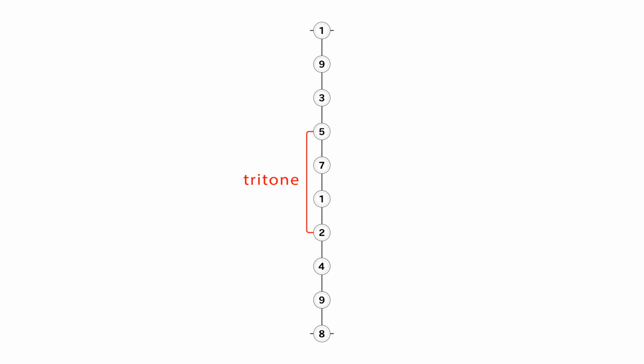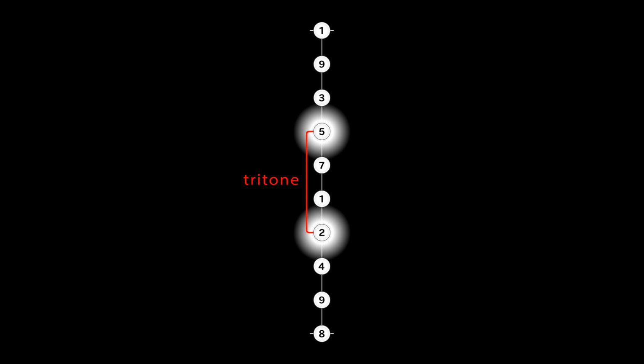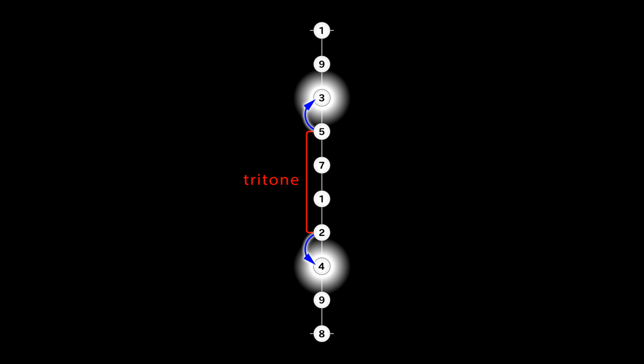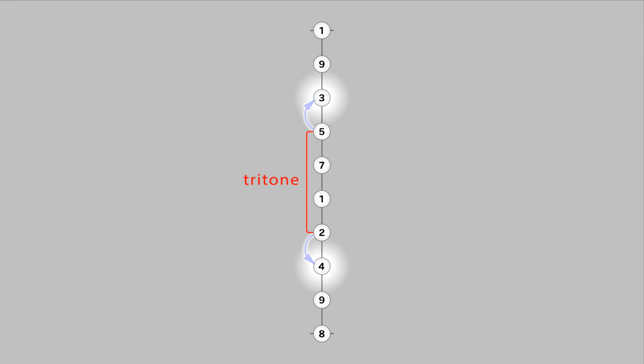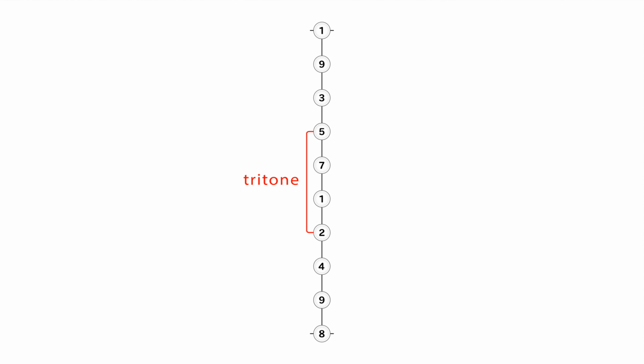In order to solve this problem, point 2 needs to move to point 4, and point 5 needs to move to point 3, as illustrated. These processes are integration processes. As we can hear, the problem with the unstable sound has been solved.